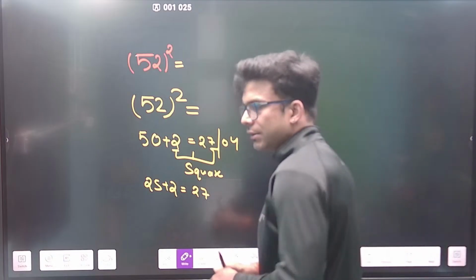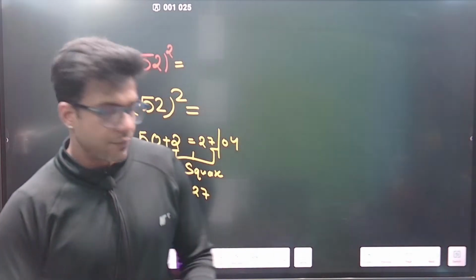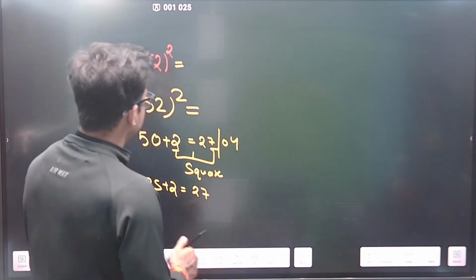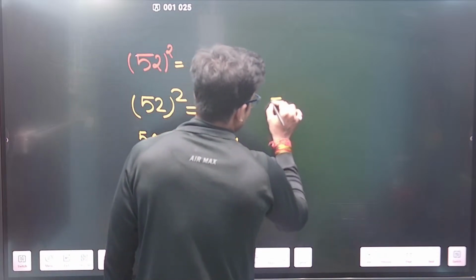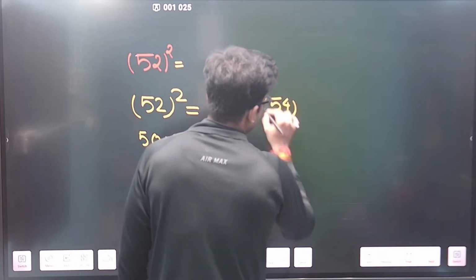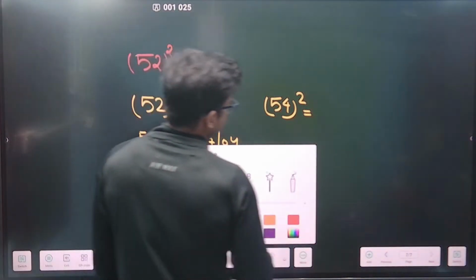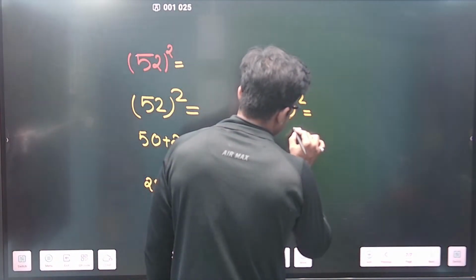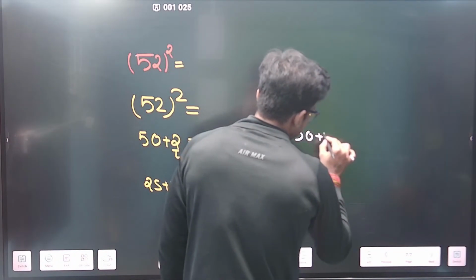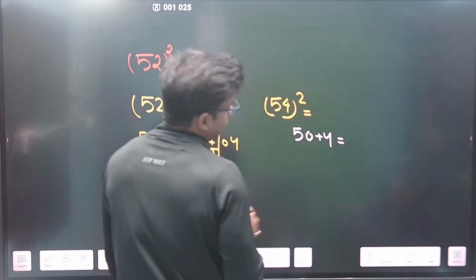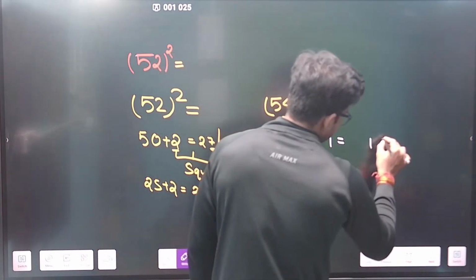Now let's go for 54 ka square. If I would give you 54 ka square, this would be what? Do the same. 50 plus 4. 4 ka square is 16.